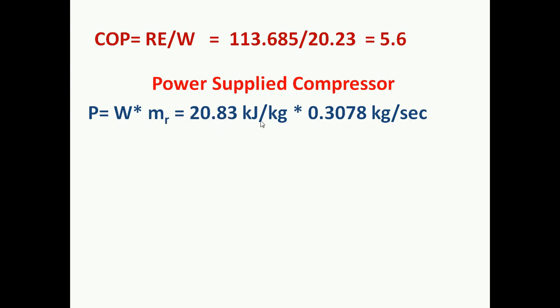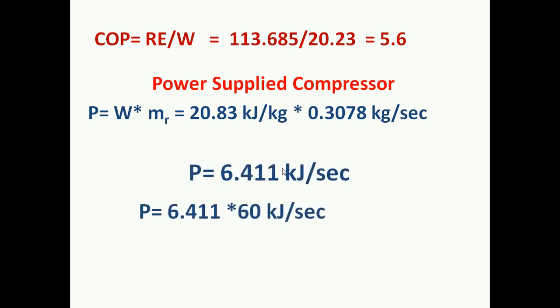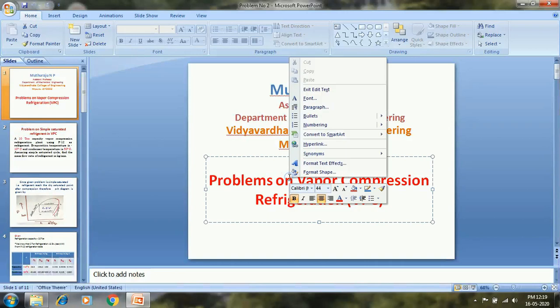See here, kg will get cancelled, then you will get kilojoules per second, that is kilowatts, or if you multiply with 60, then you will get kilojoules per minute. Therefore this is the problem. Thank you for listening.